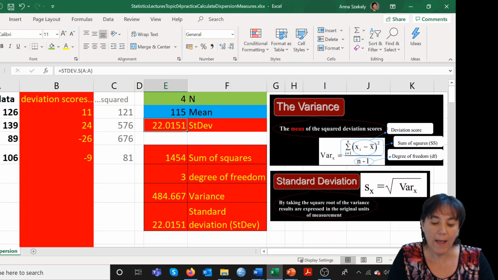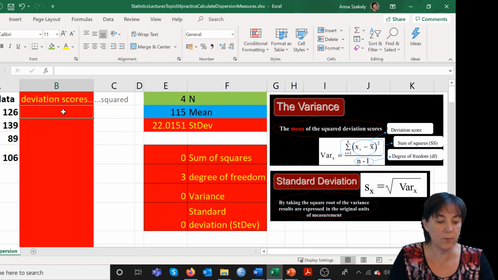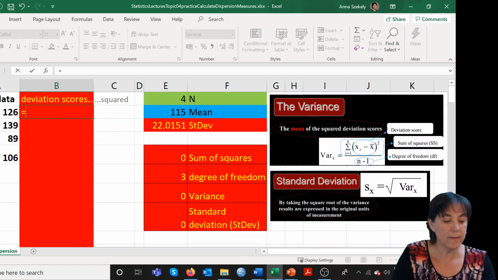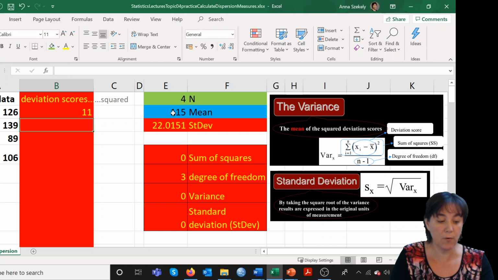In order to have a standard deviation, we need variance. In order to have variance, we need deviation scores squared divided by the degree of freedom. So let's quickly review how to calculate these. So I have deviation scores and their squares. How do I do that? I simply take the raw number and see the difference of that number from the mean.